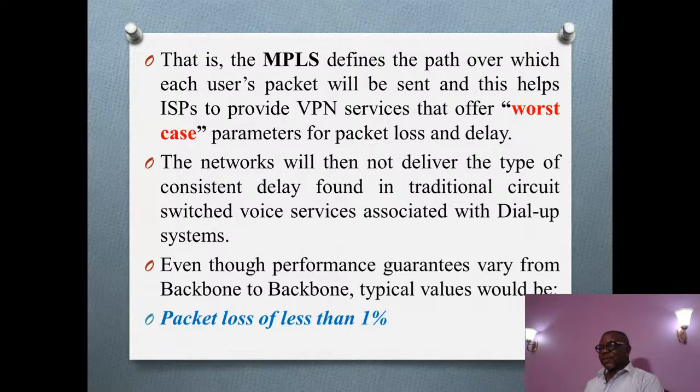Because if he has established a path, it means that nothing can interfere with this path. So the worst case, he must be able to send this data, except there are things like losses and delays due to some other circumstances.